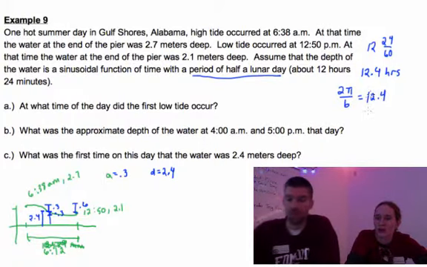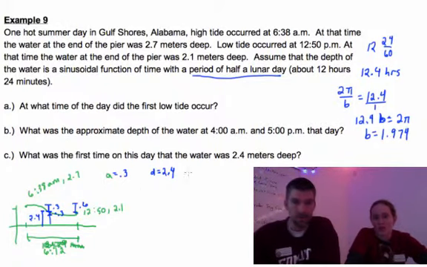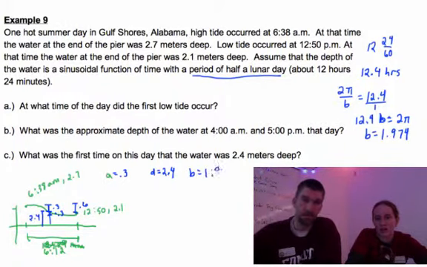So we multiply both sides and we're going to have b equal to 2 times pi divided by 12.4. Again, we're going to have a decimal on this, and that's okay. It's going to be 0.507, always 3 decimal places. So that's the b part.